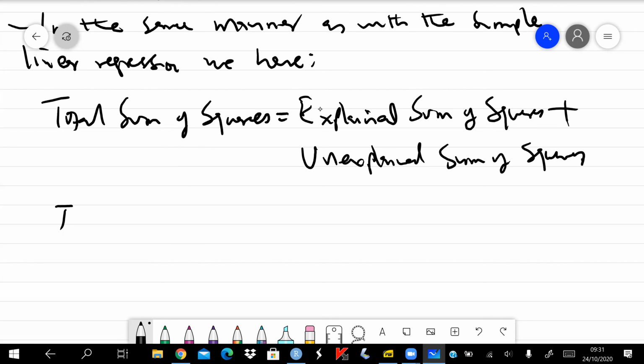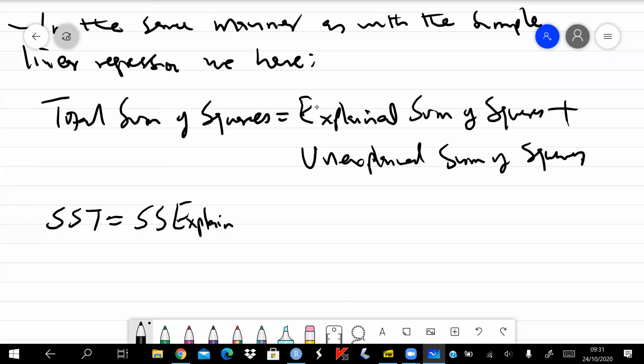Usually I call it SST, total sum of squares, is equal to sum of squares explained. Sometimes I prefer to use the word explained because of what I mentioned last week.